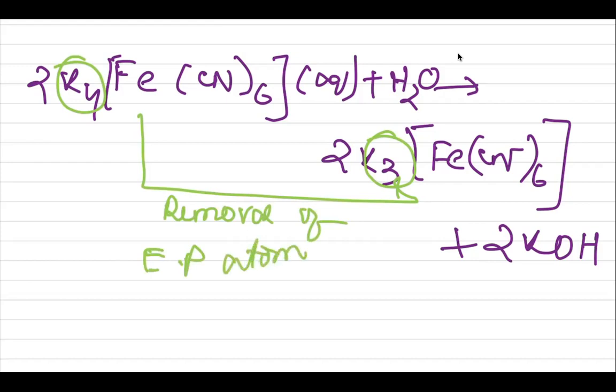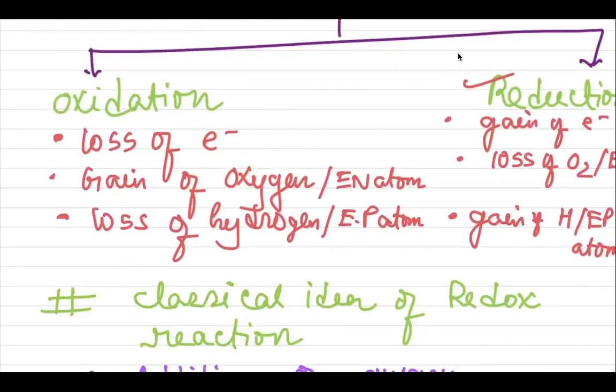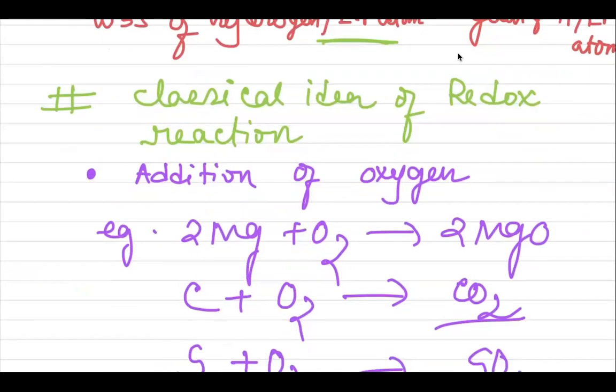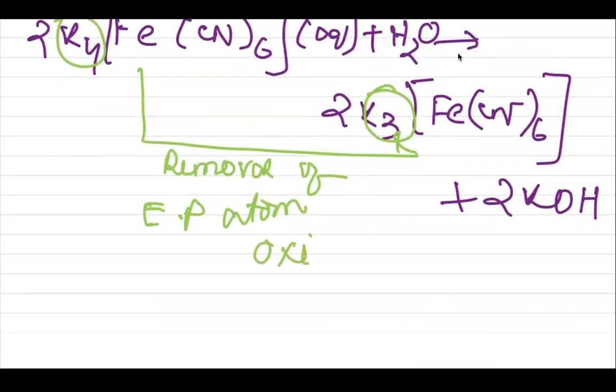Removal of electropositive atom means what? Loss of electropositive atom means oxidation. Okay, so loss of electropositive atom means oxidation.